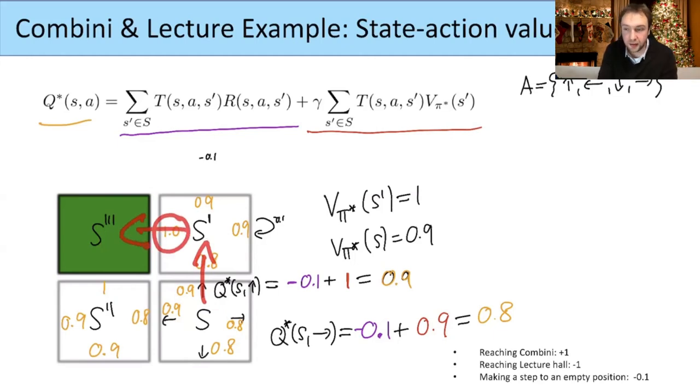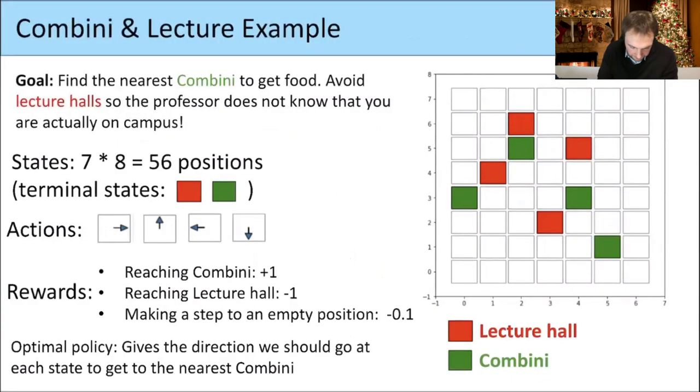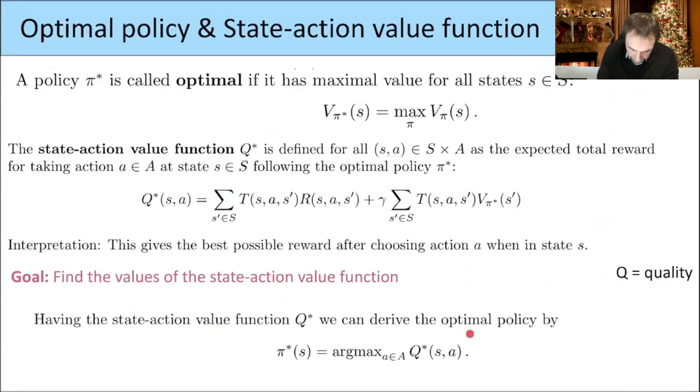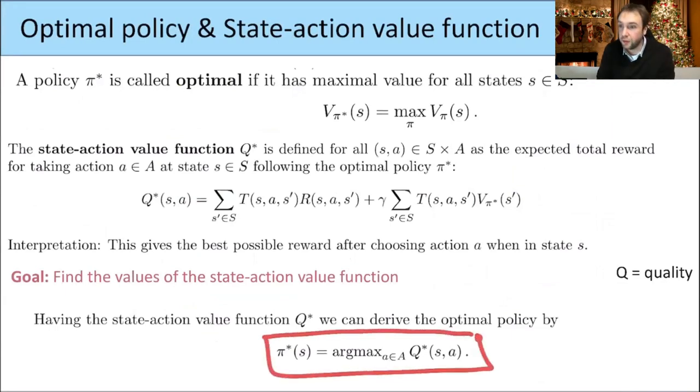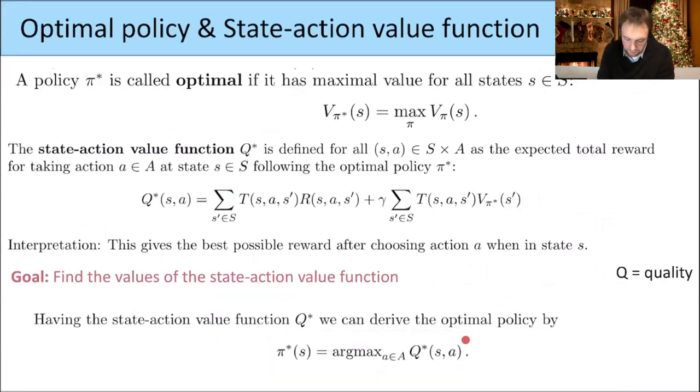And then we end up there. Yeah, so this is what I mean by this formula here. If we know the values, then we can get the optimal policy in a certain state S by looking at all possible actions in this state and look where we have the largest value of this state action value function.